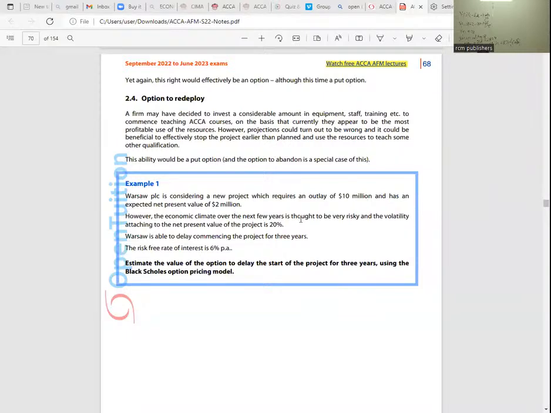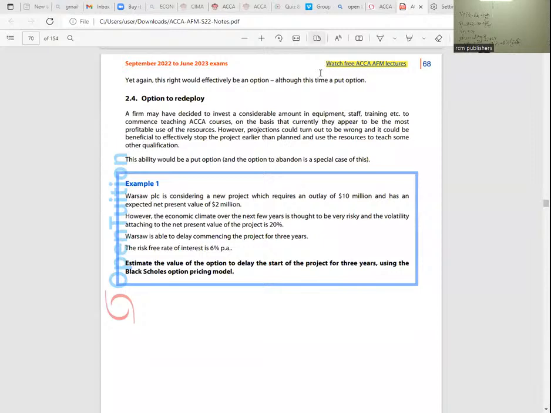So is volatility the same as standard deviation or the same as variance? Can somebody help me here? It's a measure of spread. It could either be variance or standard deviation. In this case, what do you think volatility stands for?